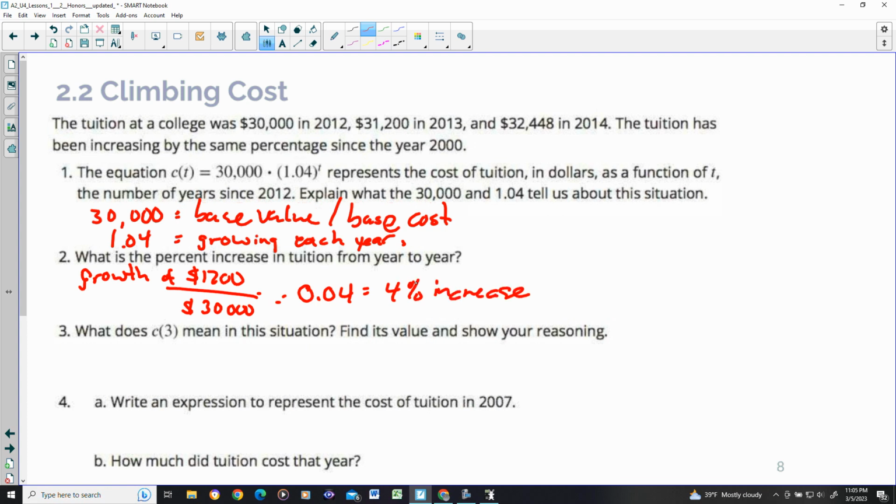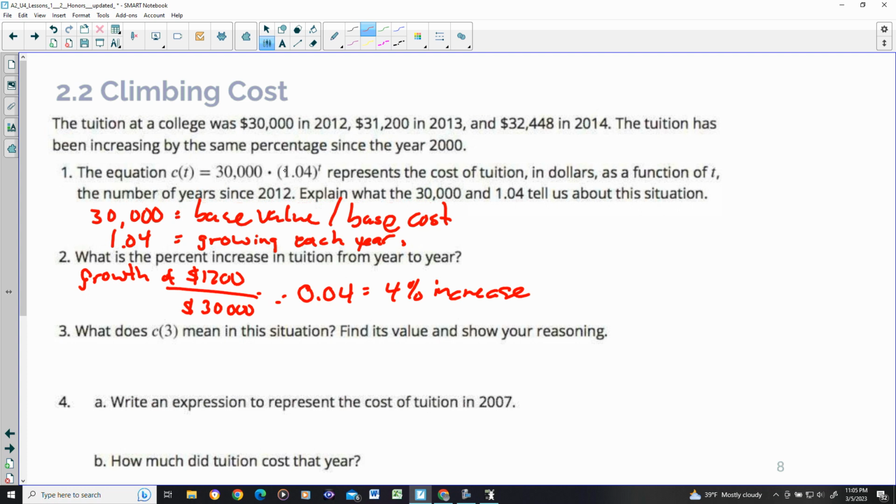Now, how can we tell that from the original number? Well, the original number is 1.04. So what does the 1 represent then? If I got 0.04 here, but in the function there's this 1, what does the 1 represent? The 1 represents the original 30,000. The 1 is what makes it grow.